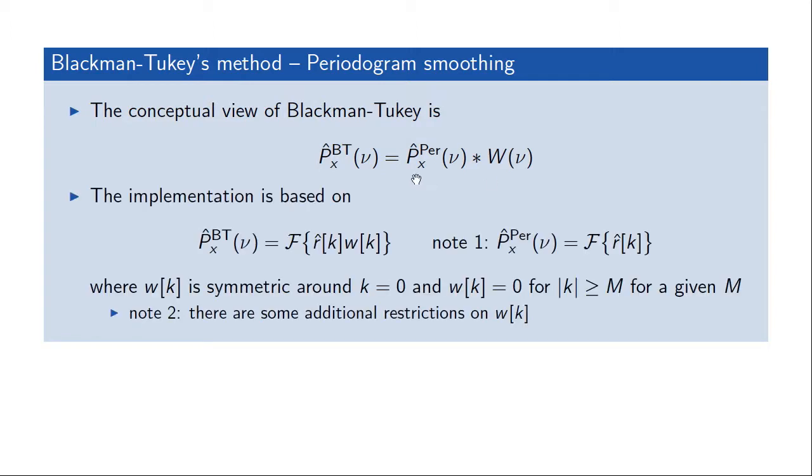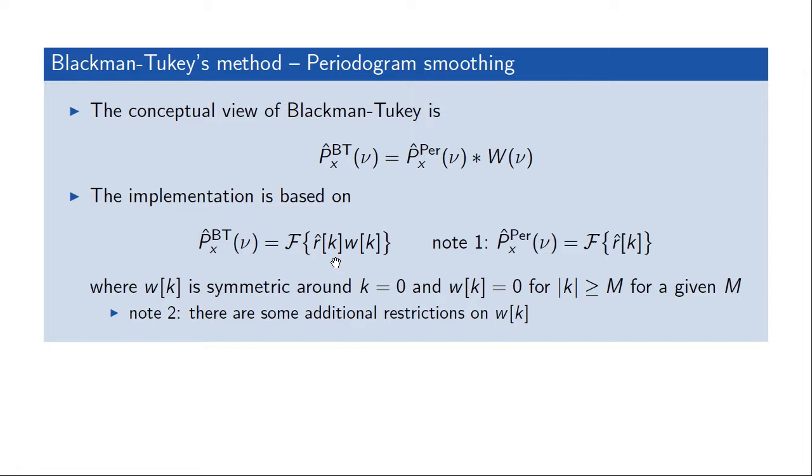So since we know that the periodogram estimate is the discrete time Fourier transform of an autocorrelation estimate, we could use lowercase w of k in order to denote the inverse of this smoothing function and apply that as a window to our autocorrelation function estimate.